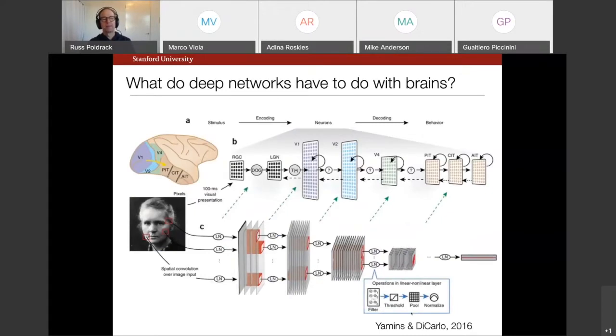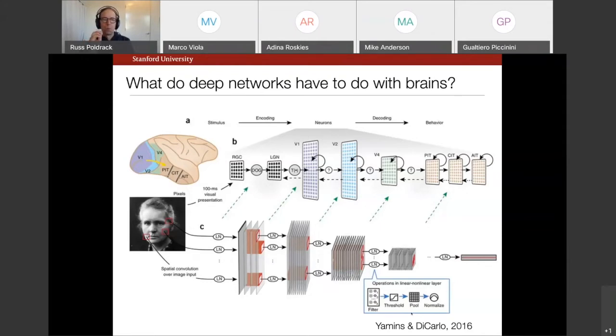Well, I'm going to focus particularly on a set of networks referred to as hierarchical convolutional neural networks. These are networks that have been particularly effective at object recognition problems. This is a figure from my colleague Dan Yamins, who with Jim DiCarlo has done a bunch of work trying to understand how the representations and the function of these neural networks relate to the function of the primate visual cortex.